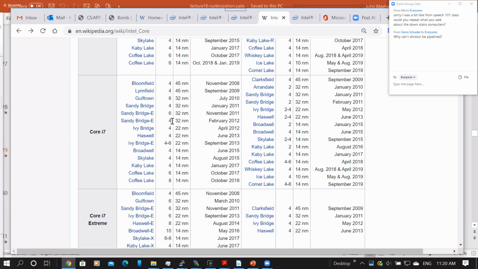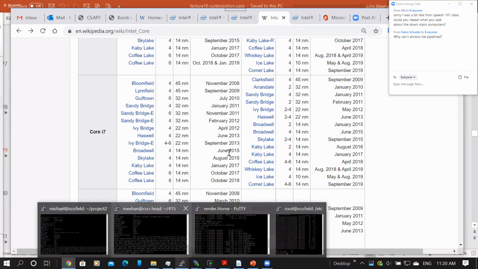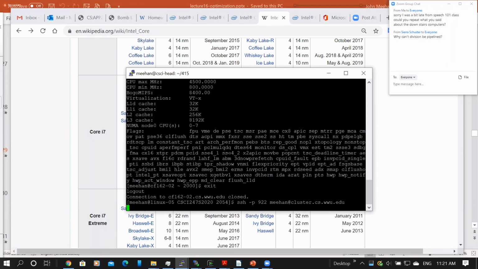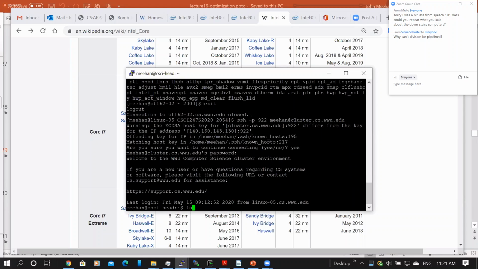This is how many cores are on that particular CPU, right? And so all of ours are going to be the 4-core i7 processors, except if you go to the cluster machines. Look at those, those are Xeons.